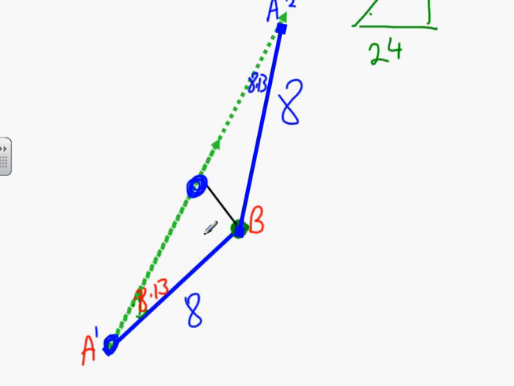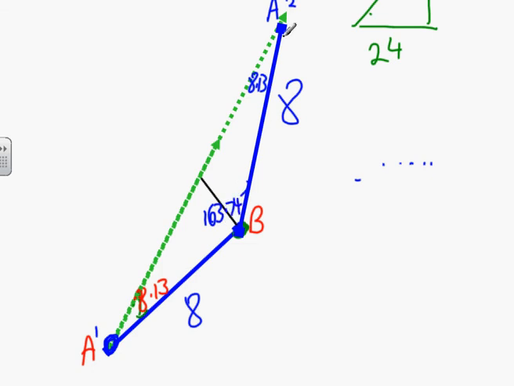What does it make this angle here then? 180 minus 8.13 minus another 8.13. Once you take both of them away, you're going to get 163.74. So this angle here is my 163.74.